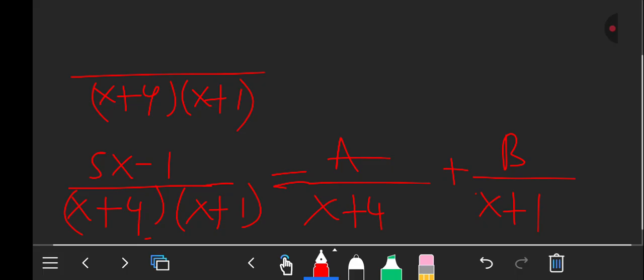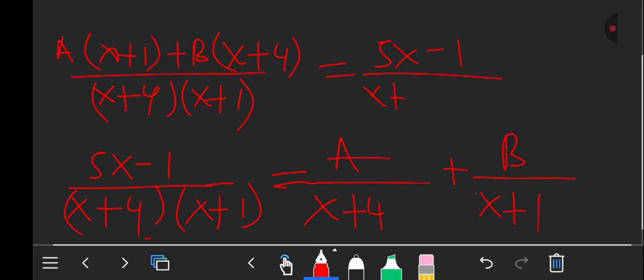The answer will be x plus 1, so x plus 1 multiplied by a. Then x plus 1 into x plus 4 plus x plus 4, x plus 1 is multiplied by b, so it will be b open bracket x plus 4. So this will be equal to 5x minus 1 over x plus 4, x plus 1.